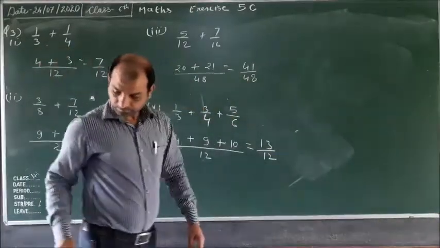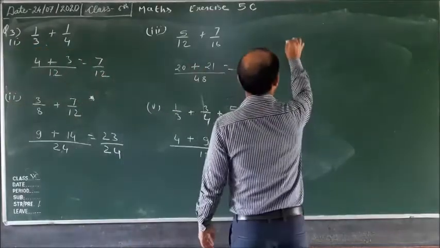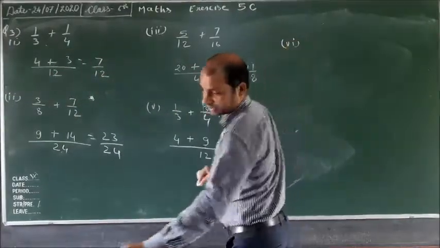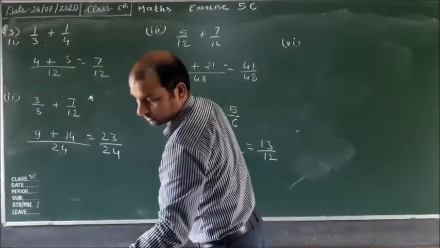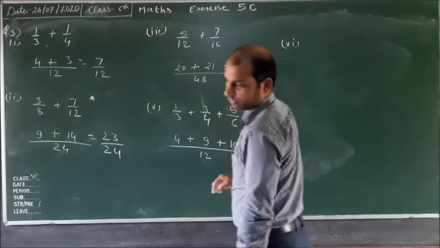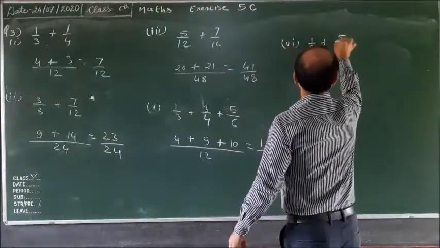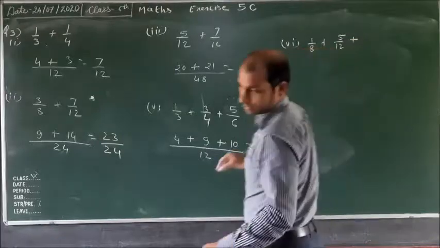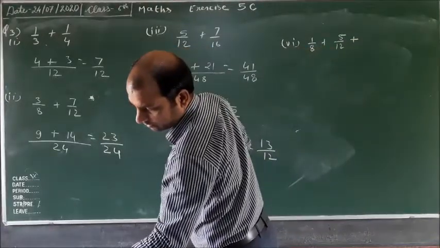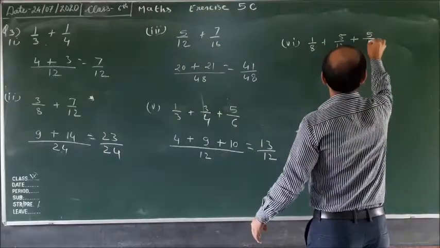Okay? Now question number 6 is 1 upon 8 plus 5 upon 12 plus 5 upon 6.